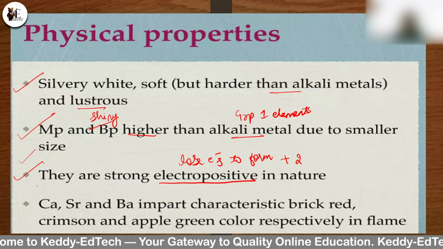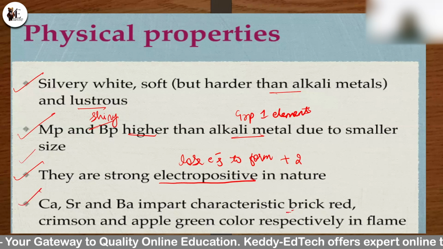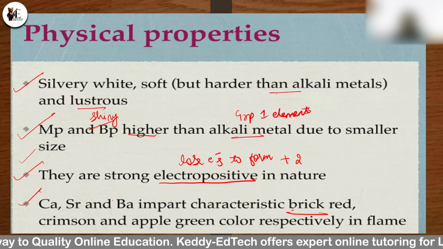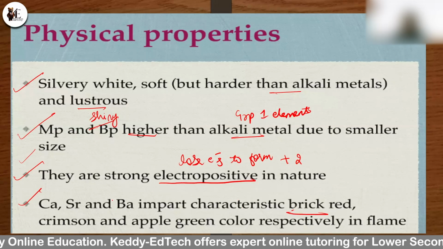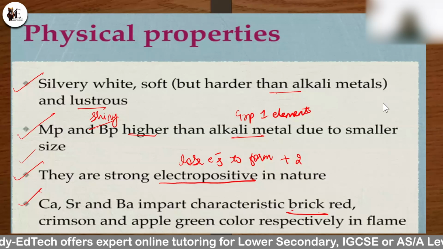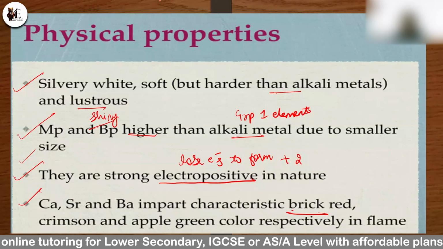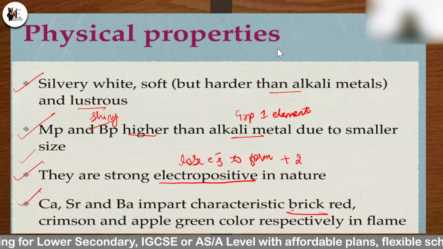Calcium, strontium, and barium impart characteristic colors to the flame. The colors are brick red for calcium, crimson for strontium, and apple green for barium. We will study the flame test in the upcoming slides, how it is done.